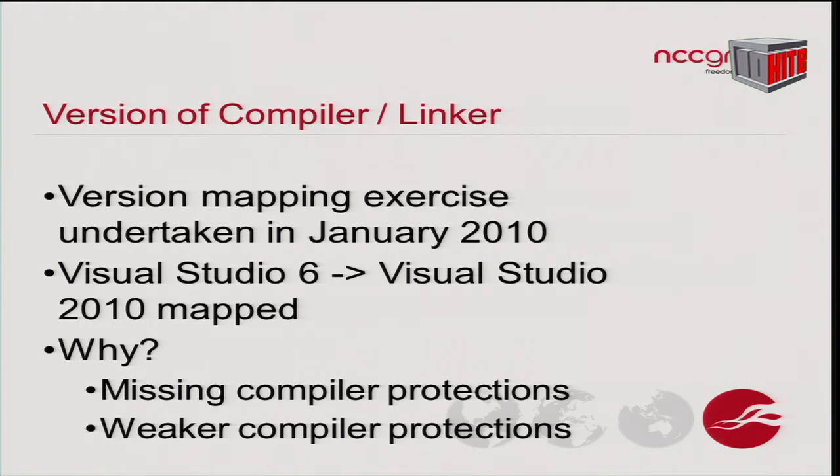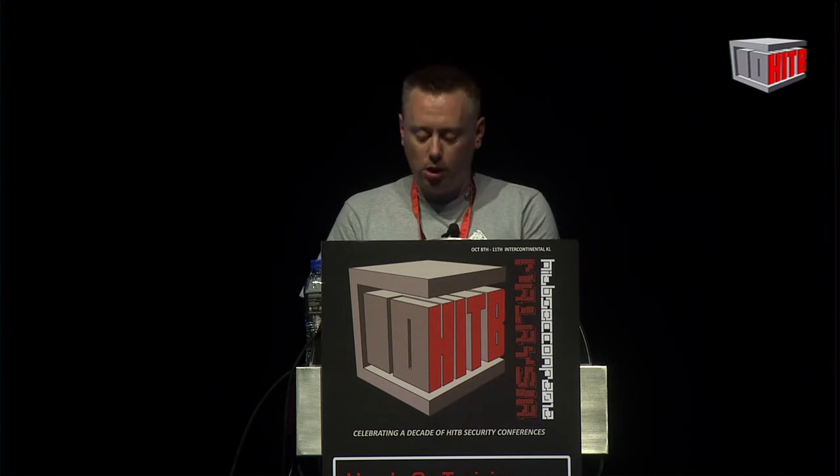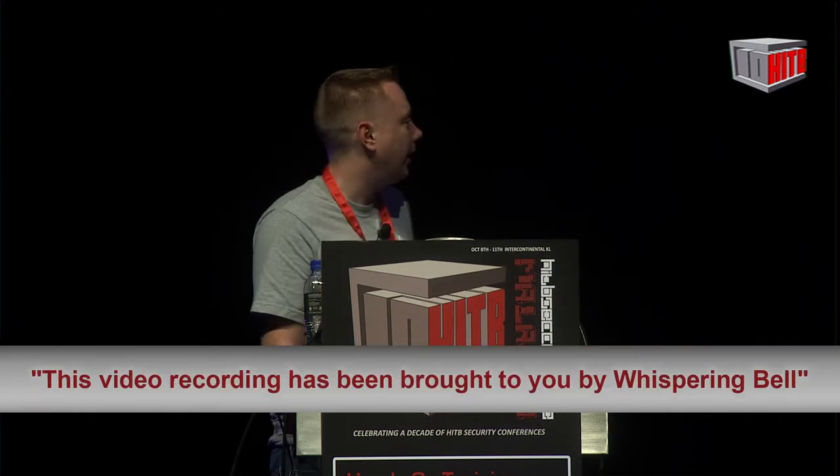You'd be surprised to hear the number of times that you see the outer binary compiled with Visual Studio 2008, but there is an object inside of it that has been compiled with Visual Studio 6. So while the outer binary has been compiled with the latest and greatest, or near latest and greatest, there is still some legacy compiled object also present, which is useful if we're targeting particular functions or particular functionality.